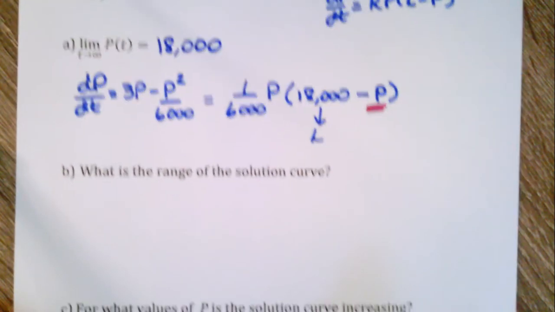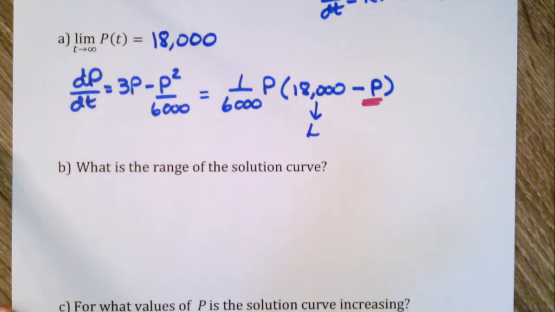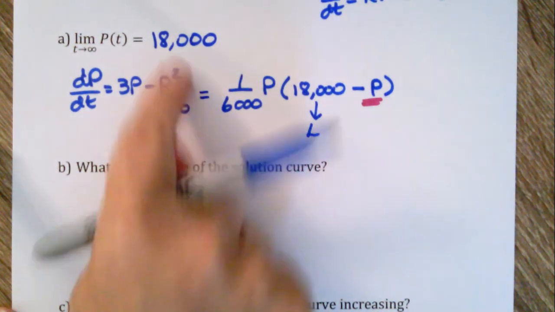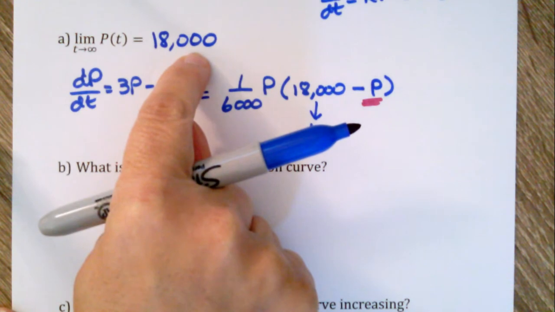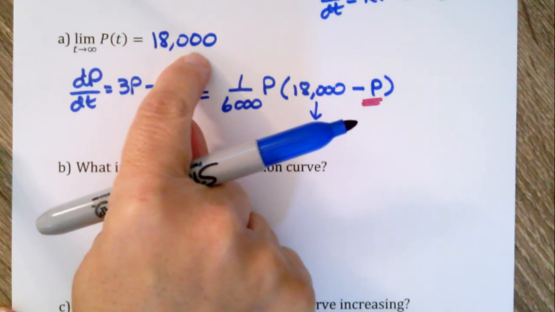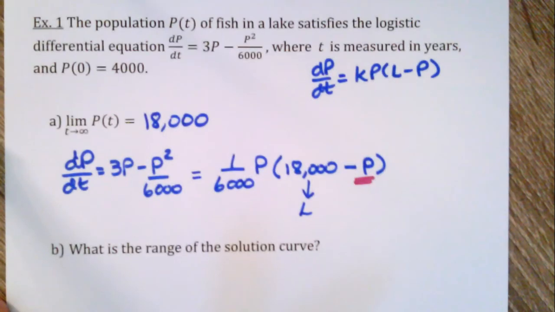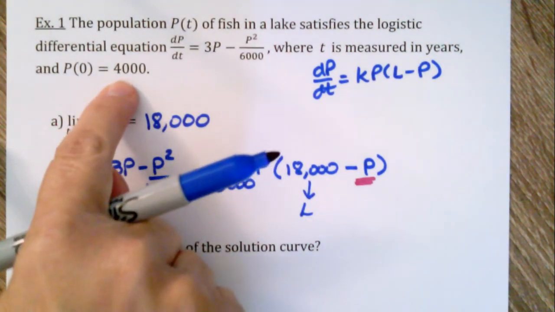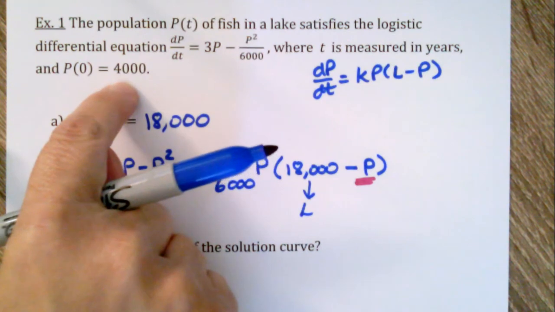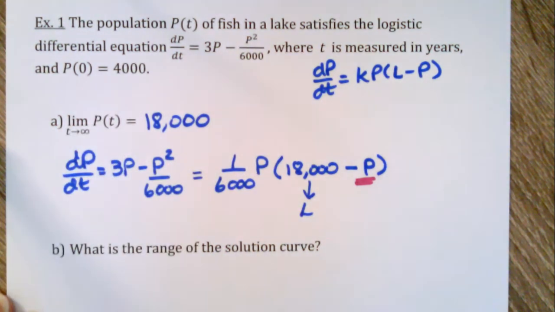So our next question, what is the range of the solution curve? Well, we've identified the limit, the highest value, which is going to be 18,000, or it's going to approach 18,000. And we said here in the beginning that our number of fish is going to start at 4,000. And if you remember the graph I drew previously, our curve is always increasing.